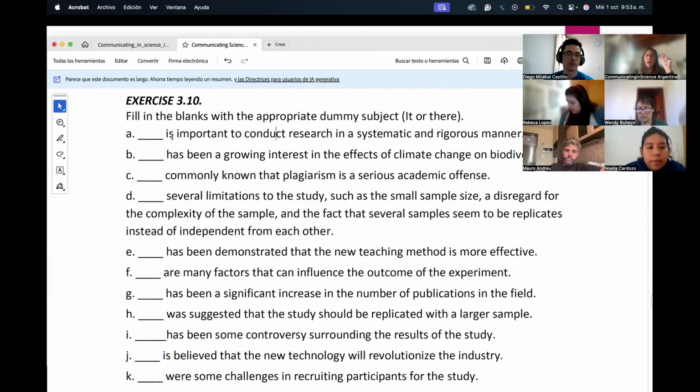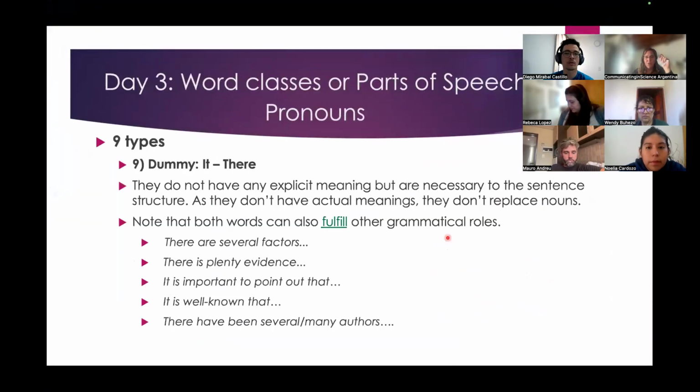How do I know what to put? Notice this. After "there are" or "there is", you will always have a noun, an object, a thing. But after "it is", you will have an adjective.